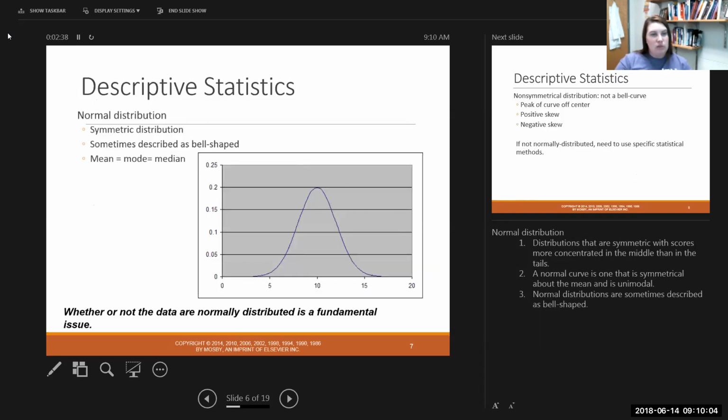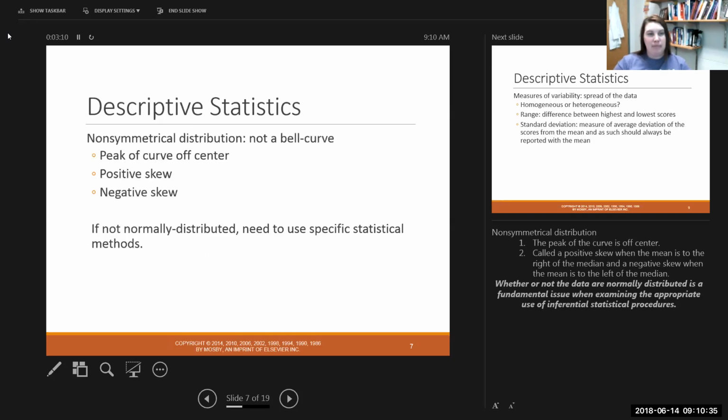Again, within descriptive statistics, we have typically a normal distribution curve, as you see, where the data set is symmetrically distributed, can be described as bell-shaped, where your mean, mode, and median all are similar. And knowing whether or not your data is normally distributed or skewed is a fundamental thing for you to be analyzing.